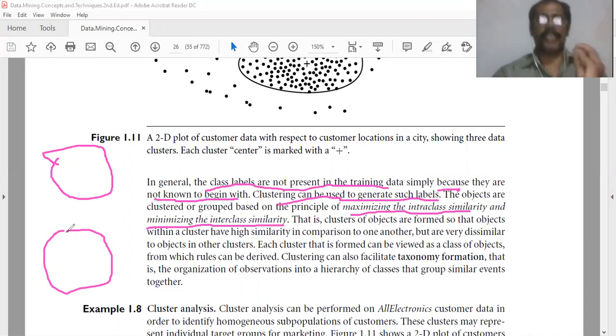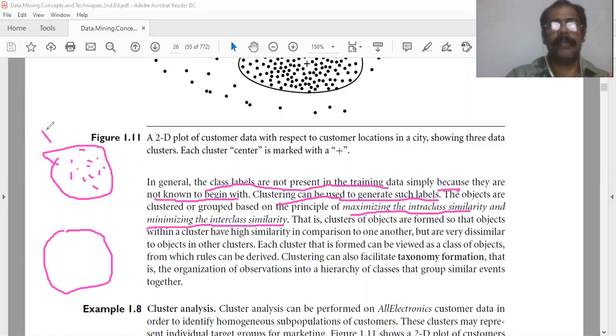Clustering uses the property of maximizing intra-cluster similarity. That is, these are the objects within this cluster. The objects within the cluster have maximum similarity.